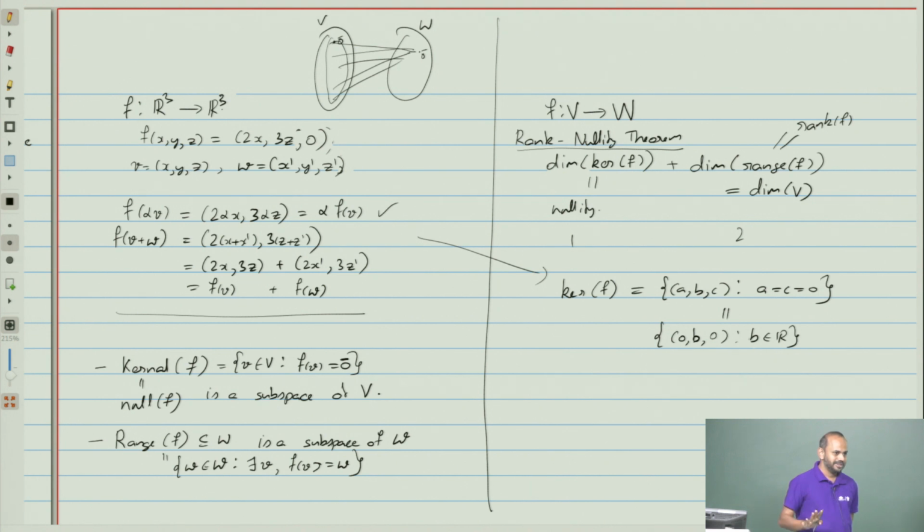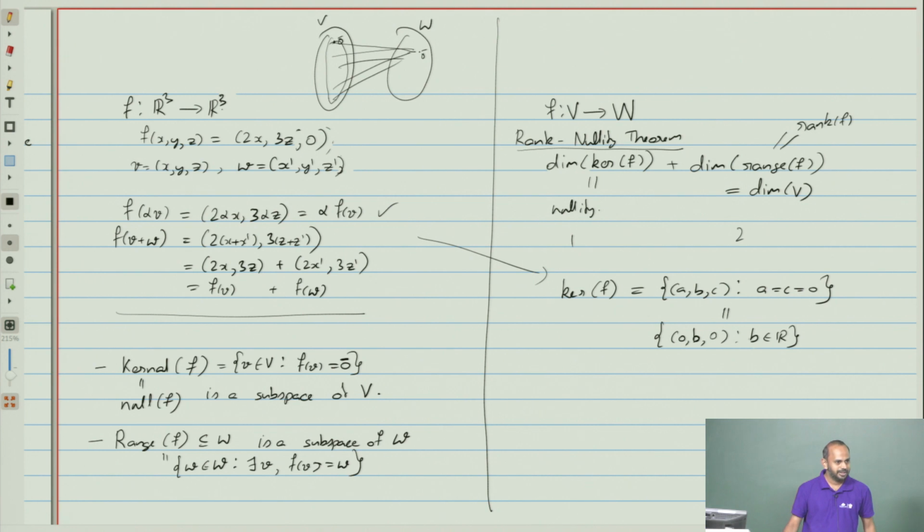I'm not talking about functions, I'm talking about linear transformations. I think you cannot say that F maps from V to V in this particular case. We can, if F is a linear transformation. The only condition for a linear transformation is that f of alpha v plus beta w has to be alpha times f of v plus beta times f of w. That's the only condition.